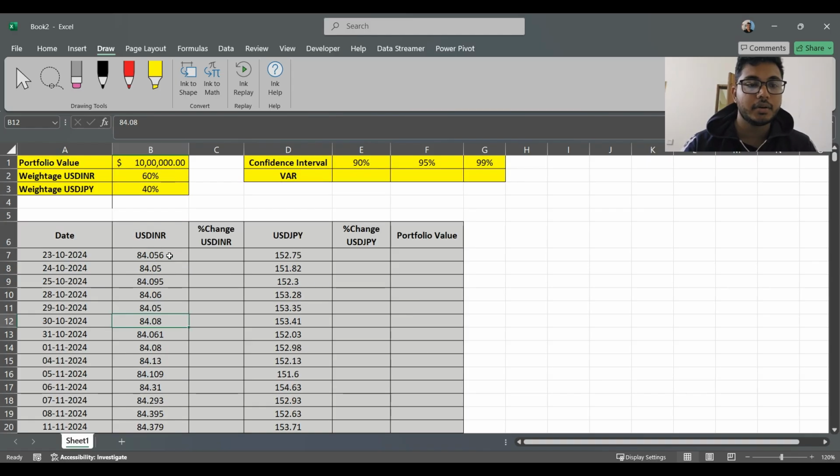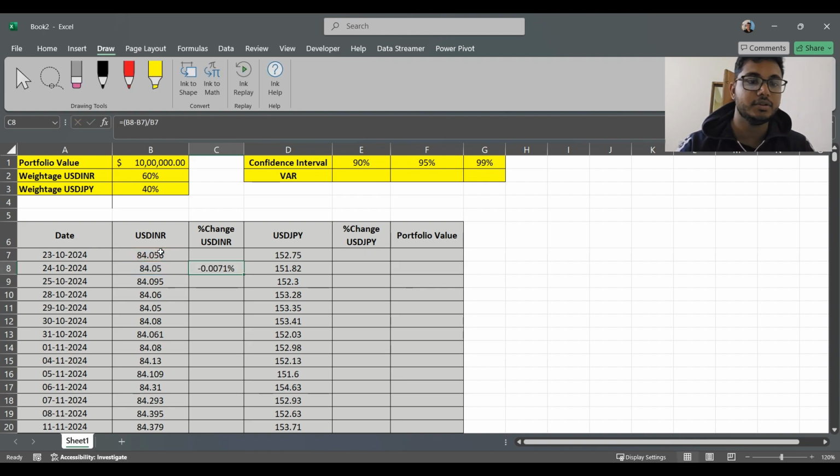So what we are going to do is first find out the per day percentage change. So we are going to calculate daily returns. Okay. So let's start with the daily returns. It will be this minus this divided by previous value.